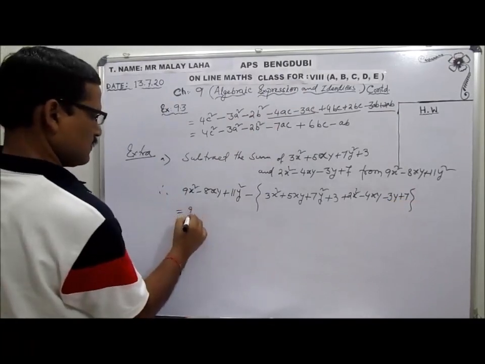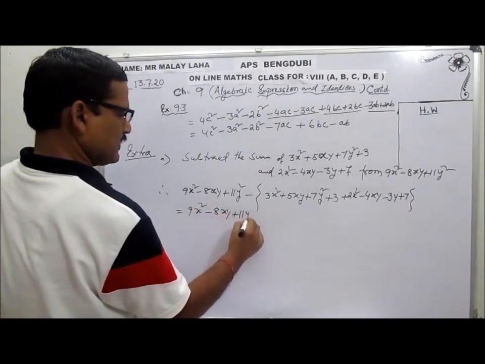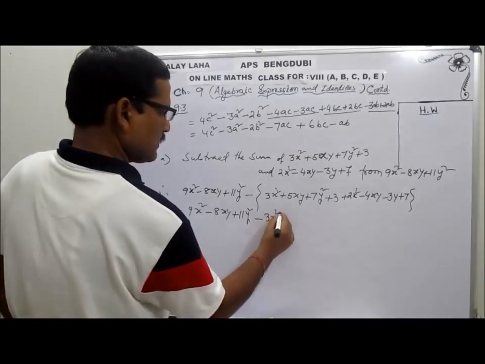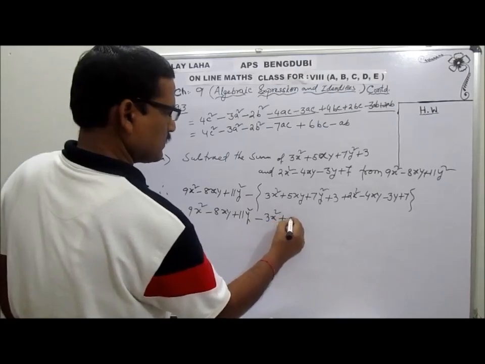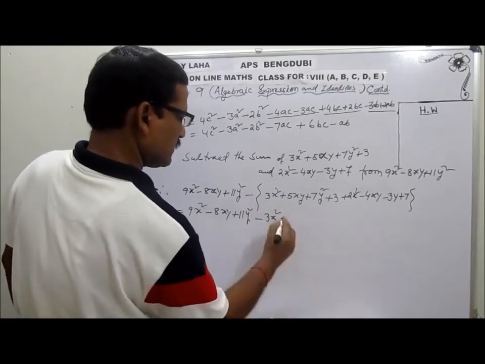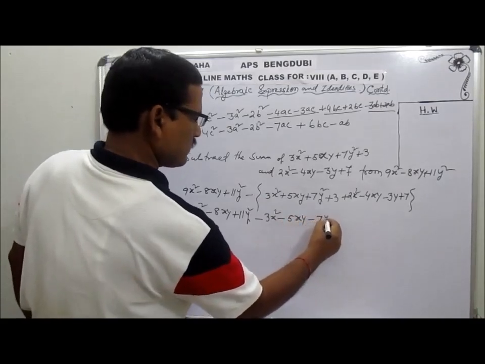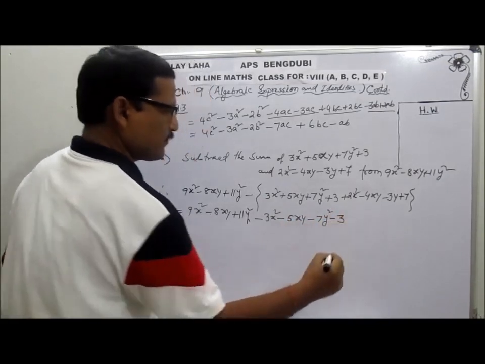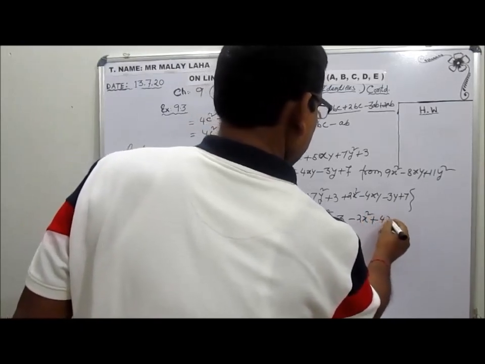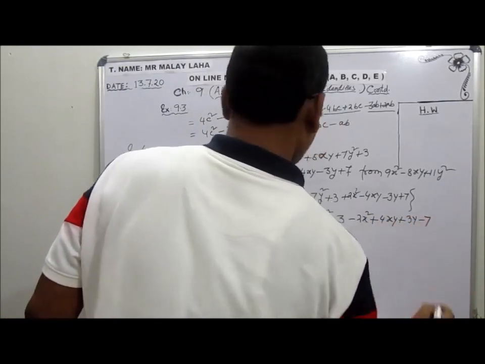So now 9x square minus 8xy plus 11y square minus, then the bracket: 3x square plus 5xy plus 7y square plus 3 plus 2x square minus 4xy minus 3y plus 7. Clear?